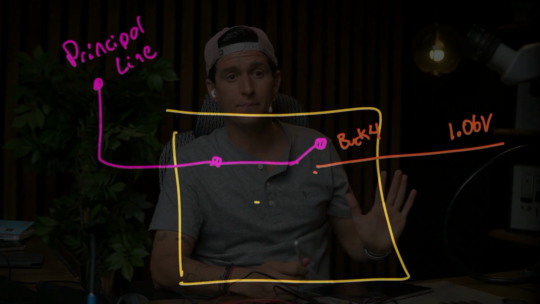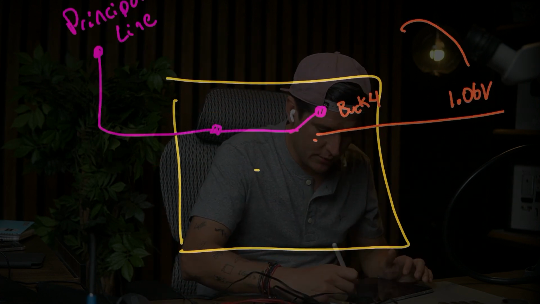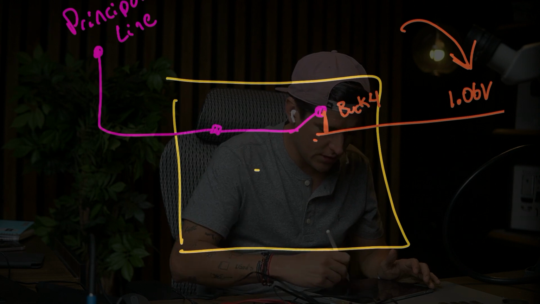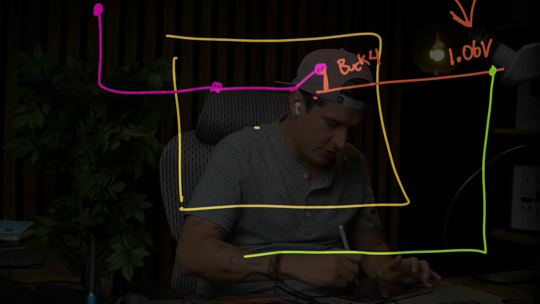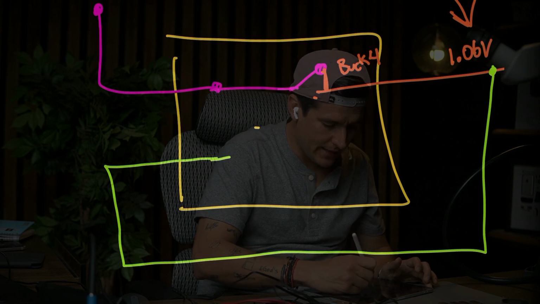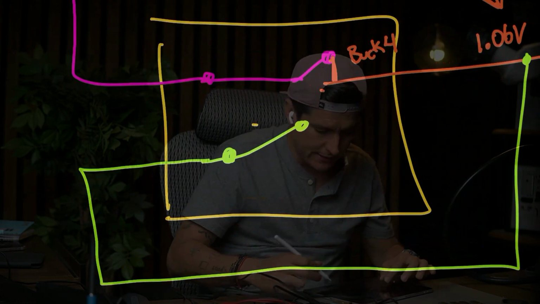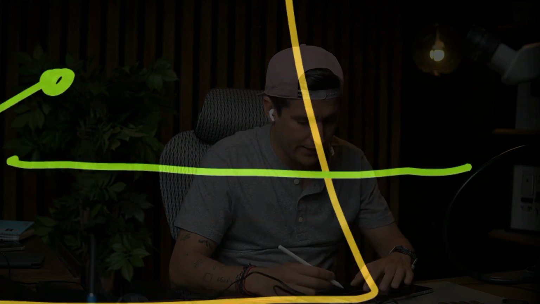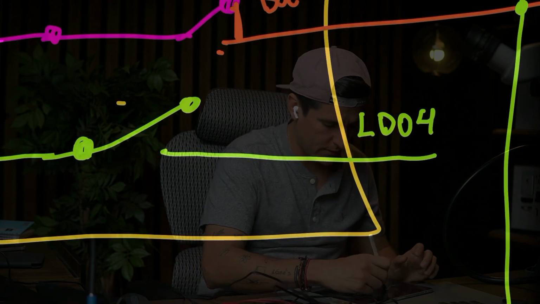This is a buck, and now this one is a secondary line. This buck, the switch is closed. This buck comes back to the PMU, and now this voltage is providing voltage for the LDO4.